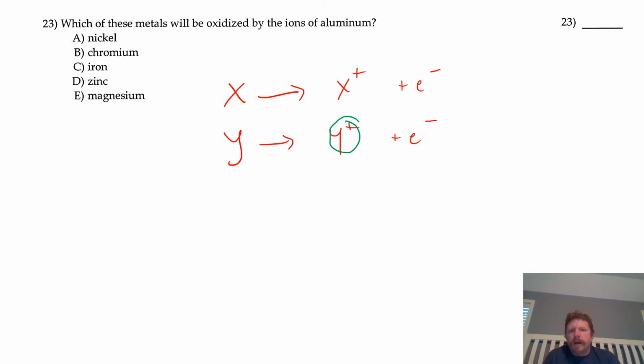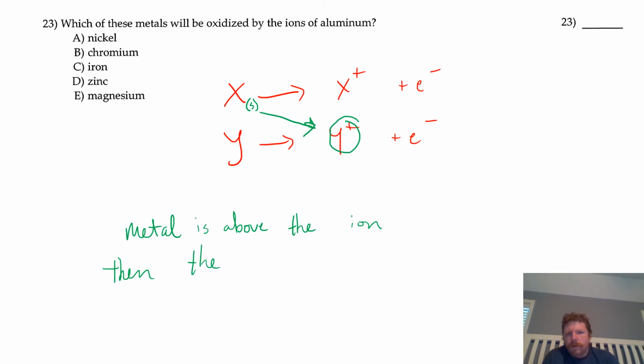So what you want to find is a metal with a solid subscript of X above those ions. If the metal is above the ion, then the metal gives electrons to the ion.